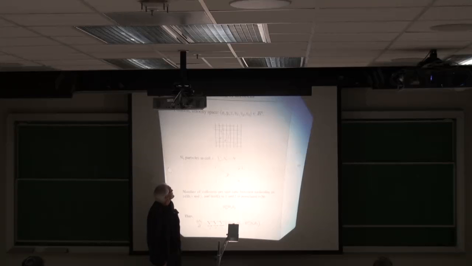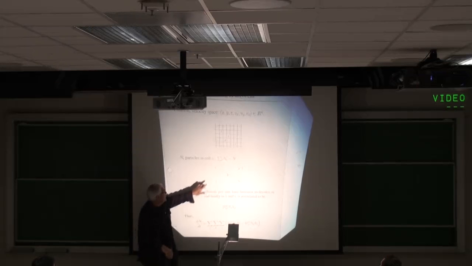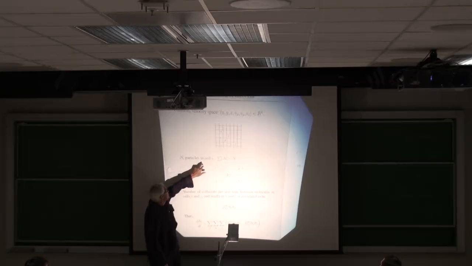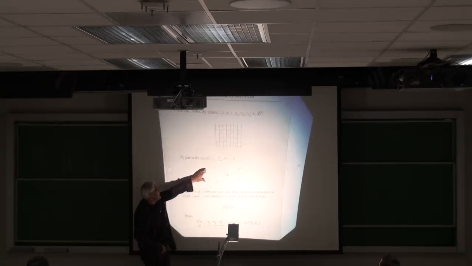Now we're going to ask how those numbers of atoms move, and whether or not the entropy, which we'll soon define, increases or not. So there are Ni particles in cell i. Now let's look at the collisions.